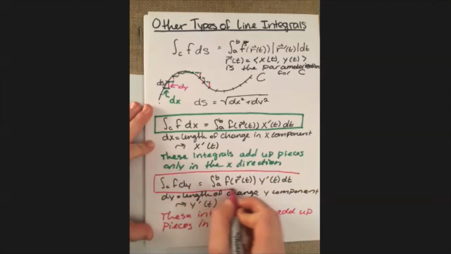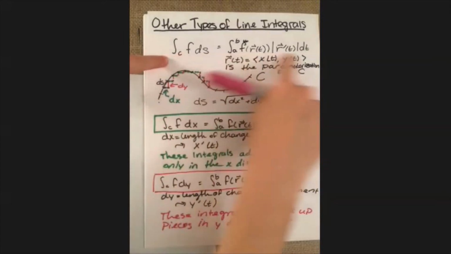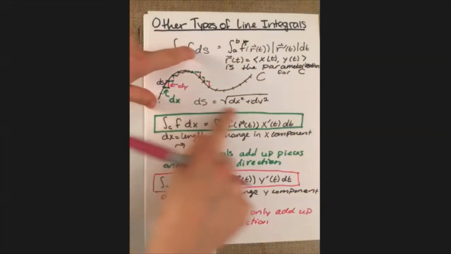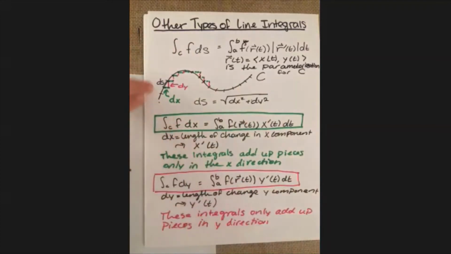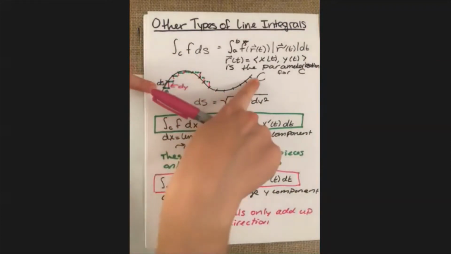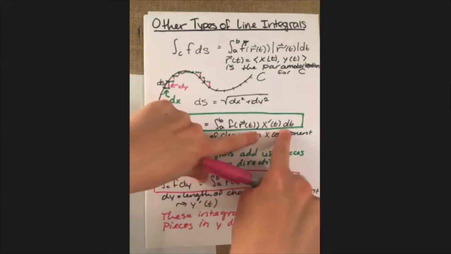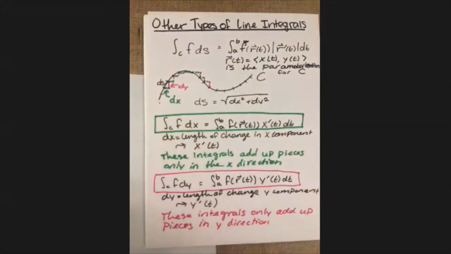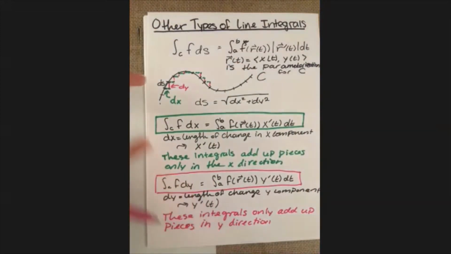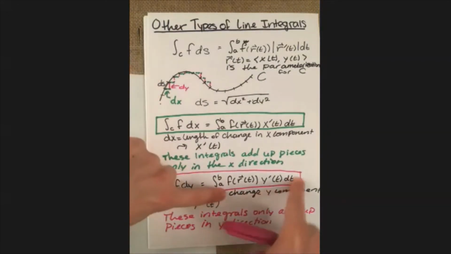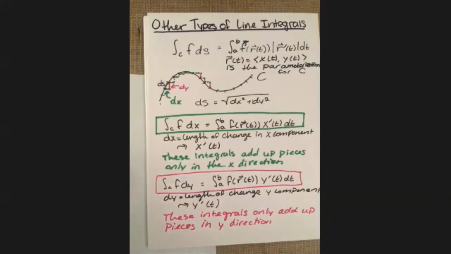It's the same idea as what we started with up here, except ds takes this entire thing into account, this whole change along the length of the curve, whereas dx says, okay, we're only going this way, so we only want the x component of our derivative from our parameterization, and the y component says, okay, we only want the vertical part, and that is accounted for with the y prime of t right there.